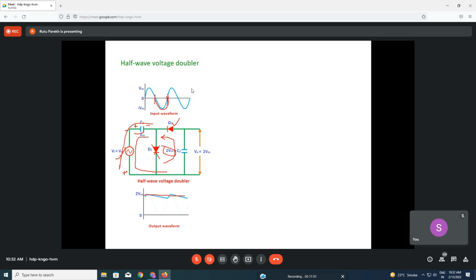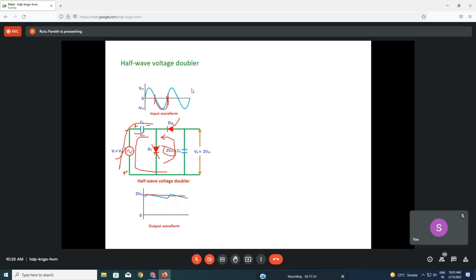So you can think of this as superposition: this voltage plus this voltage together are discharging through this, and it is charging. I mean, this is discharging, and this is also your negative half; together they are added, and it will charge this C2. How much? Up to the maximum.